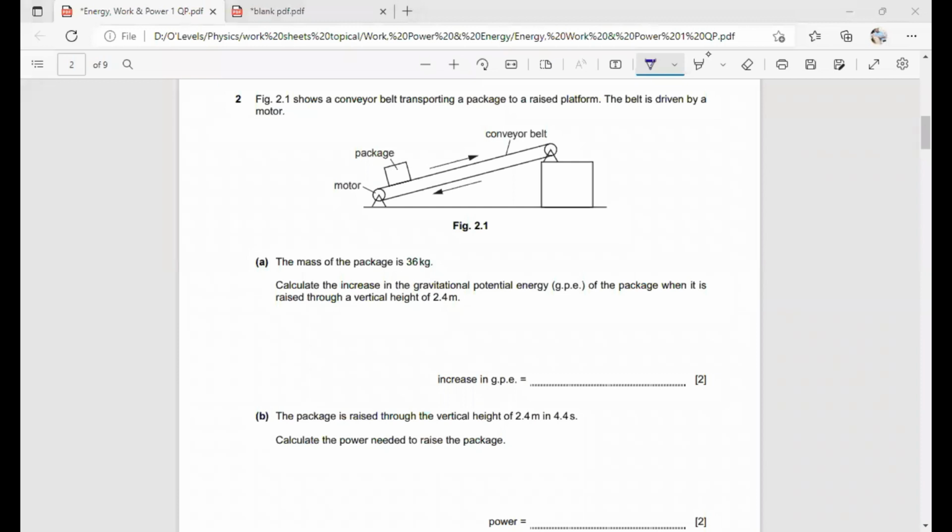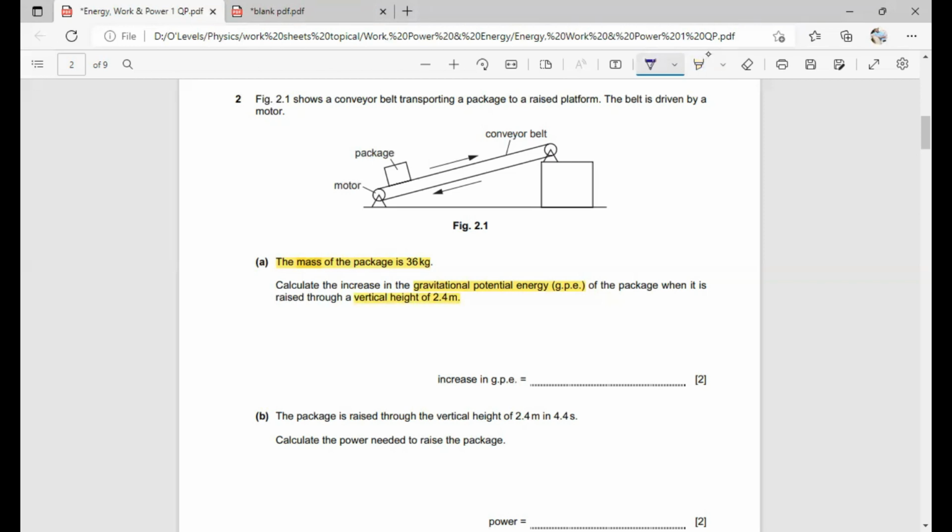Now, question number 2. Figure 2.1 shows a conveyor belt transporting a package to a raised platform, and the belt is driven by a motor. The mass of the package is 36 kilograms. Calculate the increase in gravitational potential energy if the package is raised through a vertical height of 2.4 meters.